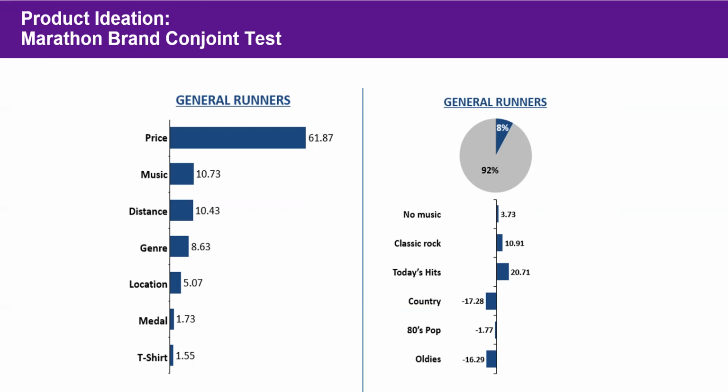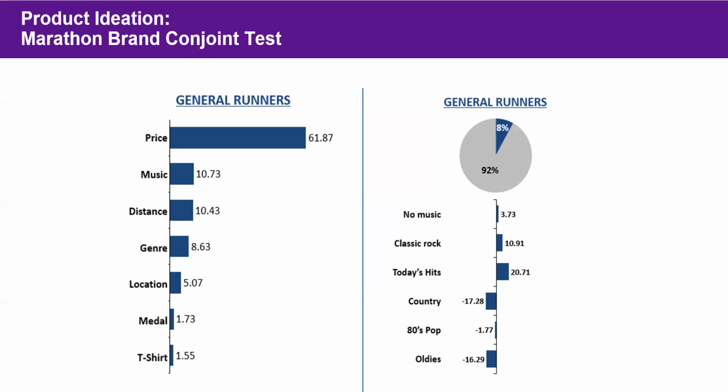So this is telling us that price to enter the marathon was by far and away the most significant component in terms of a runner's decision to enter a marathon. But then music, distance, and the genre of music that was played were the next most important, versus the t-shirt and what that t-shirt said, which was significantly less important.